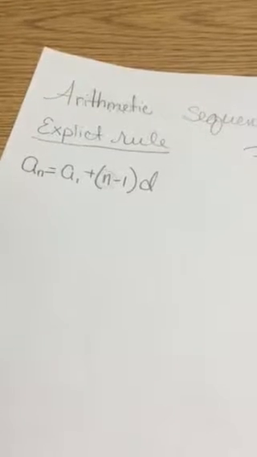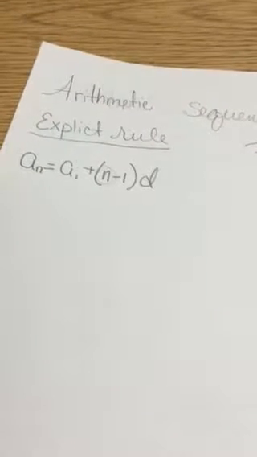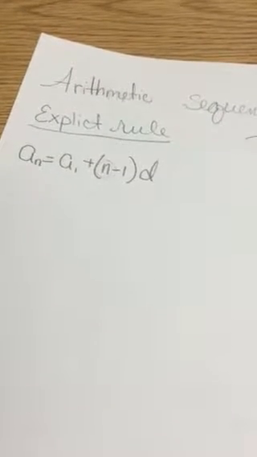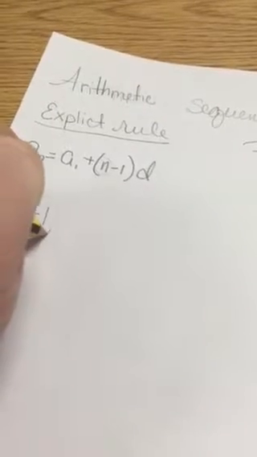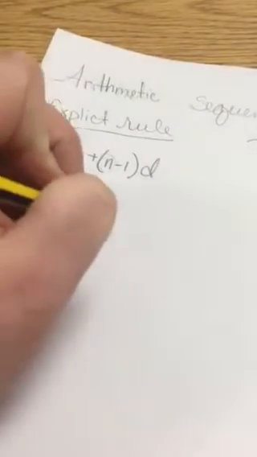But first of all, when you're writing an explicit rule, like if you look at number 2 on your review worksheet, if this was my sequence, -3, -1, 1, 3, 5.